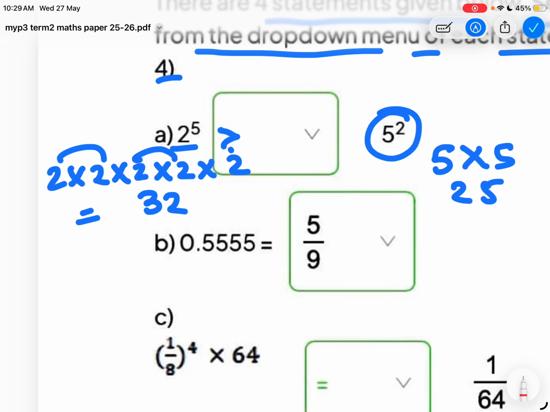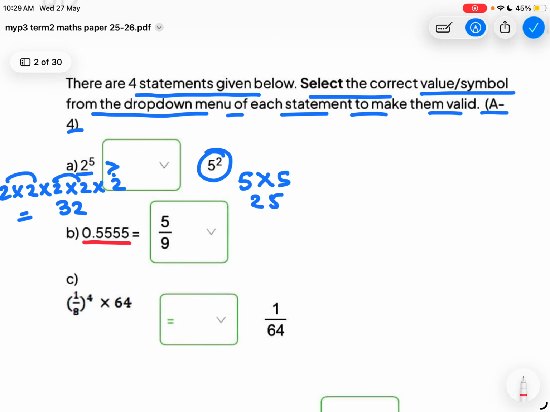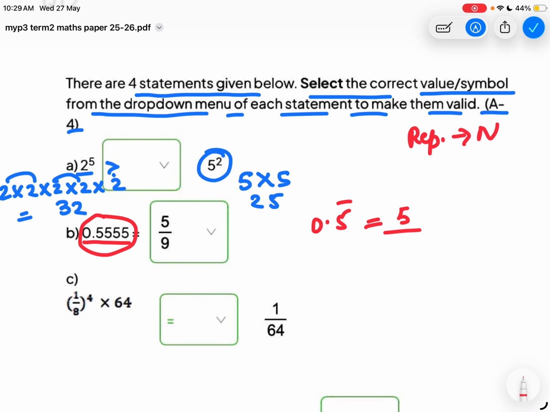Then if we see 0.5 repeating, I'll tell you one trick for this. The trick is, the number which is repeating, you put in the numerator, and the denominator is as many digits as are repeating. If it is 1 digit repeating, put 9 as denominator. If it is 2 digits repeating, put 99 as denominator.